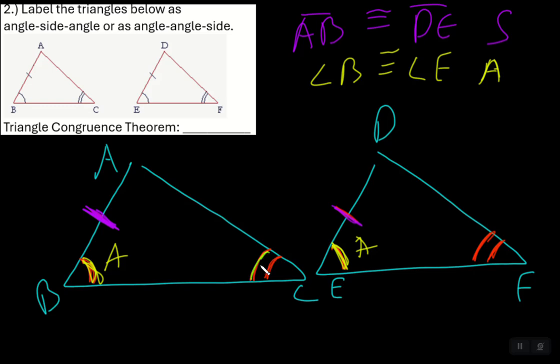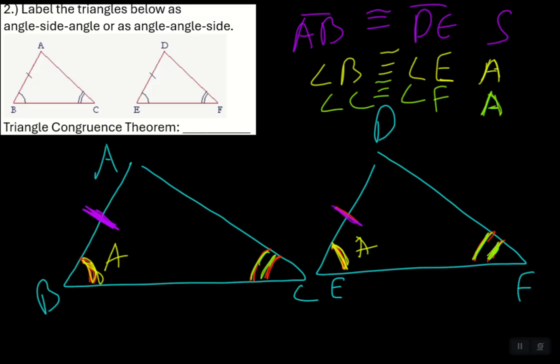Let's take a look at these two arcs, in kind of this lime green. Those two arcs right there are telling me that angle C is congruent to angle F. Let me make my E just a little bit neater. So hey, that's an E right there. And of course, that's another angle.